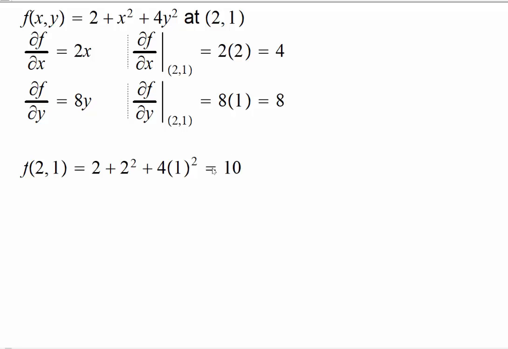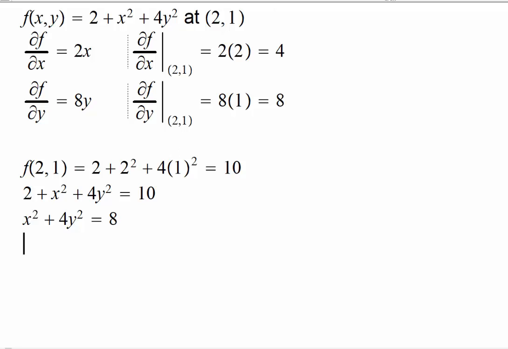So the level curve of the function through this point is, let's set that equal to 10. So we have x square plus 4y square equals 8, right? So this is going to be an ellipse, right?